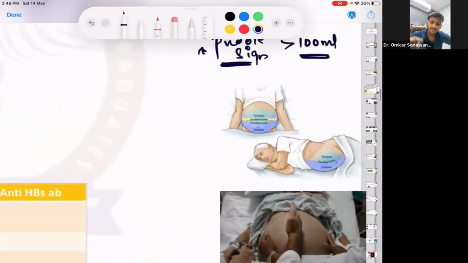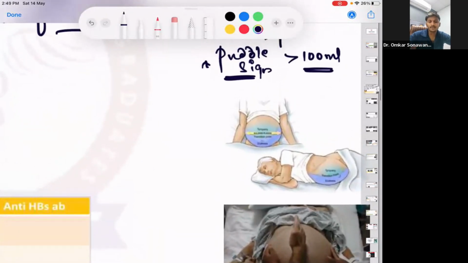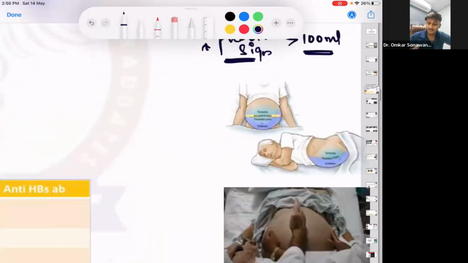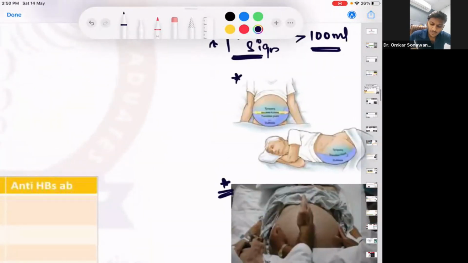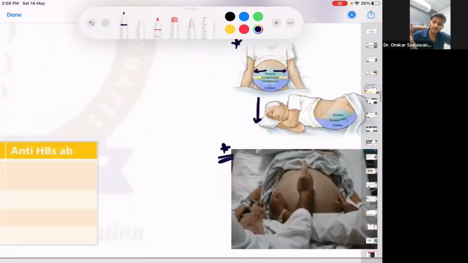The next important sign. I'm only talking about the important aspects of the liver over here. This image came in the August examination. You will percuss the patient from the midline towards one side and towards the other side, and then you will ask the patient to change position and percuss the abdomen again.